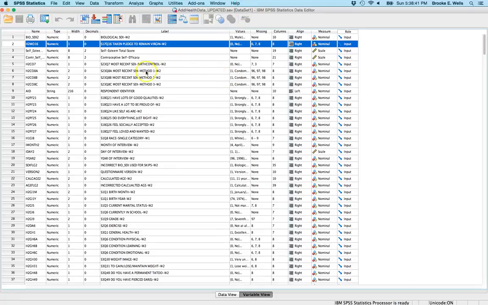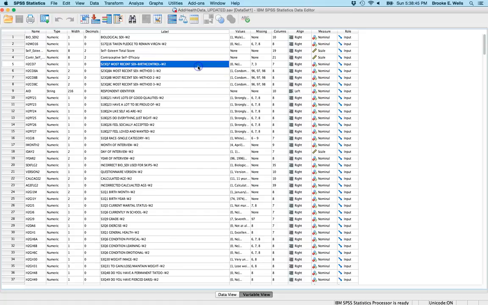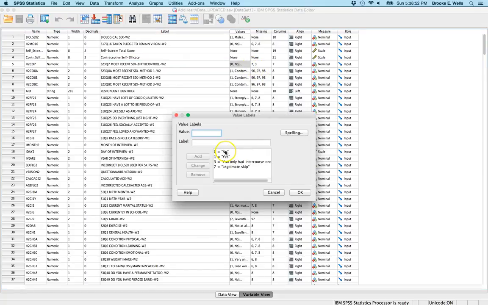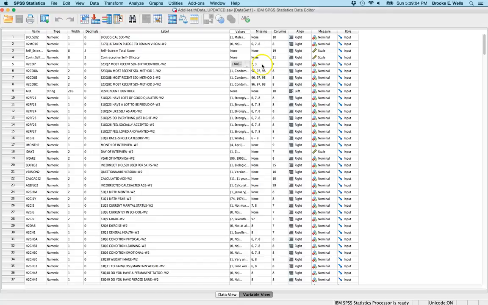So I moved some of these variables up to the top so that we could see them here. If we look at birth control use at most recent sex, we see that we have, in fact, no and yes here. In this situation, we also have "you only had intercourse once," and so that's counted as a missing variable, but they didn't have it coded as missing.